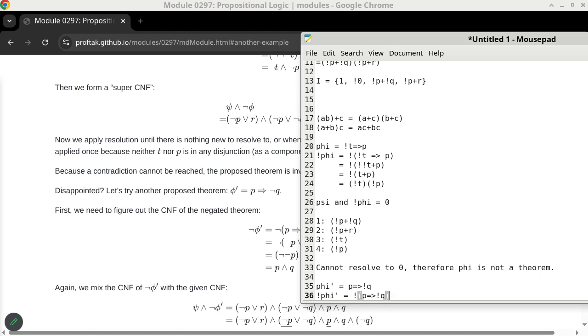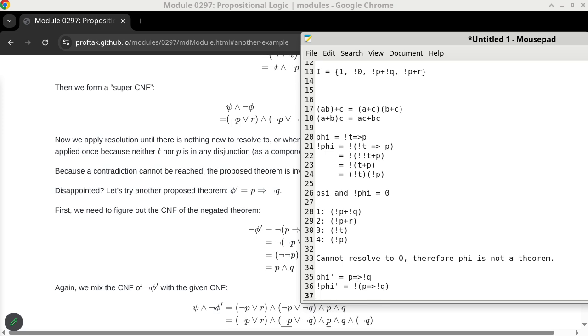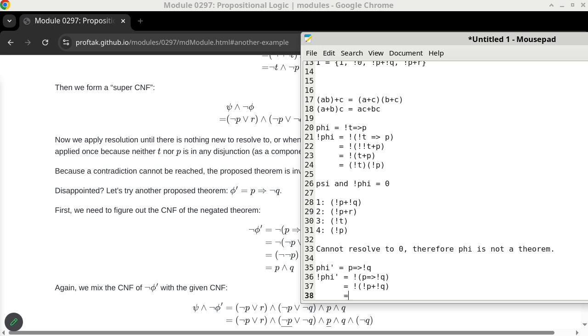All right. And now we want to convert not phi prime into a CNF. So now we look at this, and the first step is always to get rid of implication. So we have not P or not Q in this case, and then we can see that we can apply De Morgan's law. And remember what I said, if you see an opportunity to apply De Morgan's law, do it, okay?